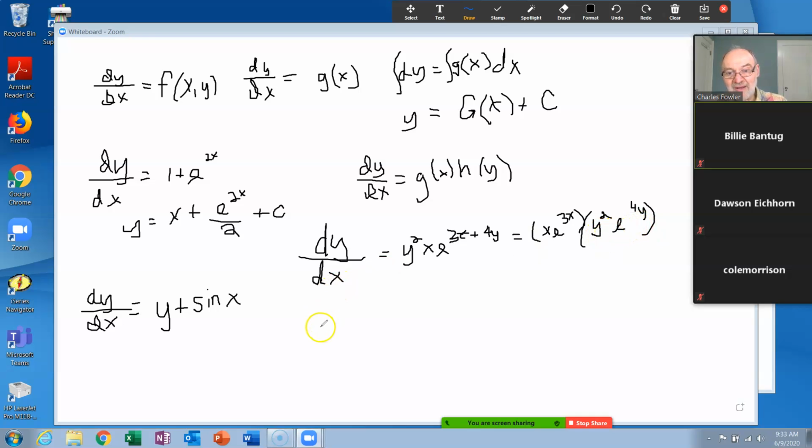So what you have now is dy, that stayed on the left-hand side, and when you divide it by this, that is divided by y squared e to the 4y. Okay? That's a pretty ugly y.